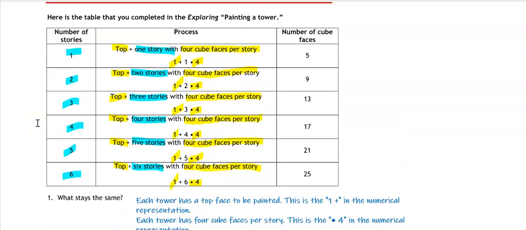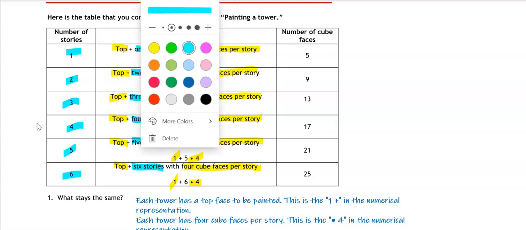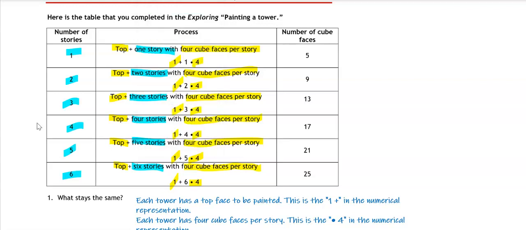Since we've got the number of stories that changes marked in blue and the things that stay the same marked in yellow, let's mark the number of cube faces in green, because that changes every time also, but that's because that is our output. The number of stories is our input, and the number of cube faces is our output.